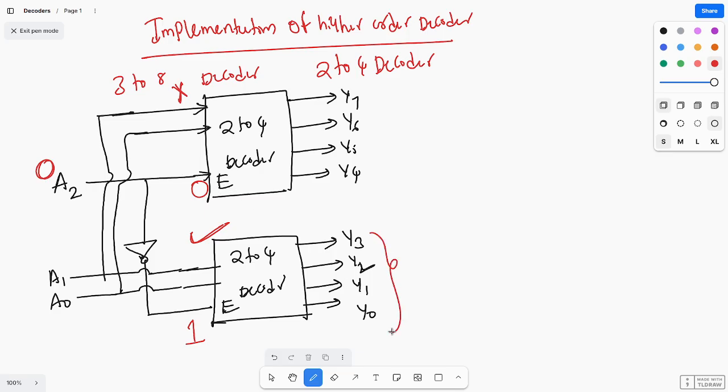We are getting the signals from Y0 to Y3, same as D0 to D3. Suppose A2 is 1: then this becomes 1 and this becomes 0, so the other decoder will be active and this decoder will be deactive. So when A2 equals 1, you are getting the signals from Y4 to Y7. Like this you need to analyze and implement the higher order decoder by using lower order decoders.